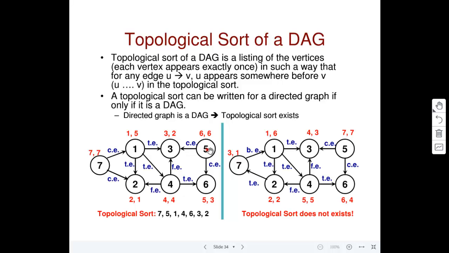So we push vertex 5 to the stack, and that's the sixth vertex we push to the stack. Now you have two outgoing edges from vertex 5, to 3 and 6, but both of these vertices have already been pushed and popped out, visited in an earlier instance of depth first search, not the current instance. The current instance we just started with vertex 5 by pushing it to the stack, with no other vertices in the stack.